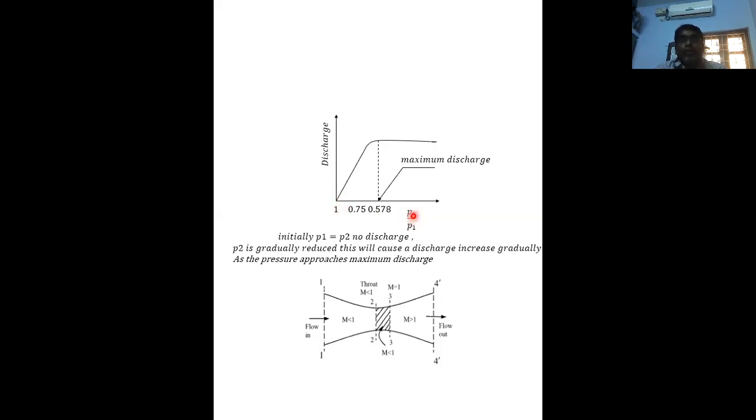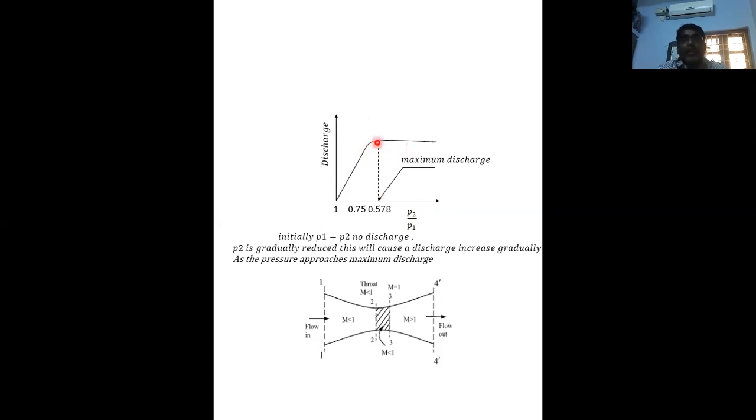For example, if P2 is 7.5 bar and P1 is 10 bar, we get 0.75. At 0.75 there are some slight changes in the discharge, and the curve will change. If we put P2 as 5 bar and P1 is 10 bar, we get 0.5, which gives the maximum discharge.